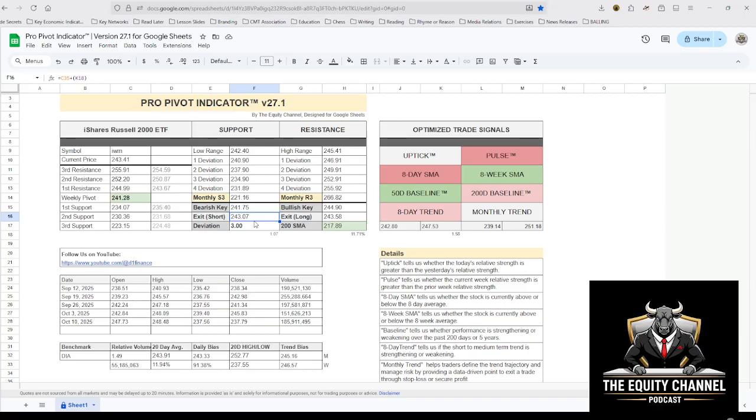So if I pull back from the high by the average range, I most certainly might want to get out of that trade, because I've been told the average range is this much.